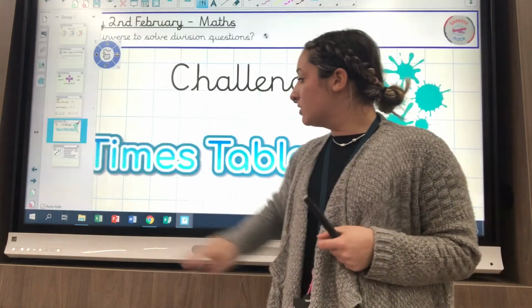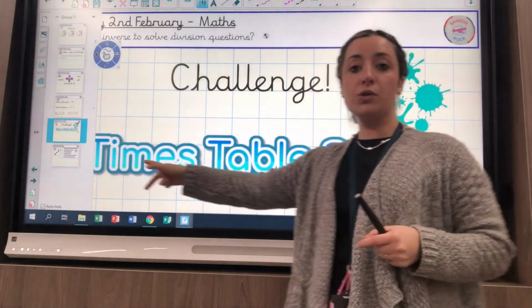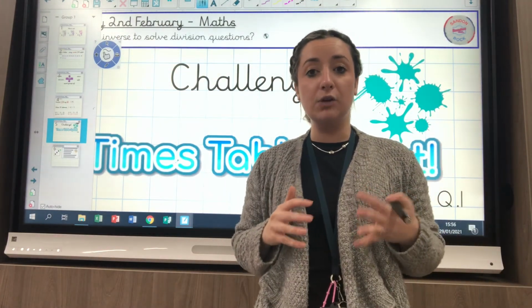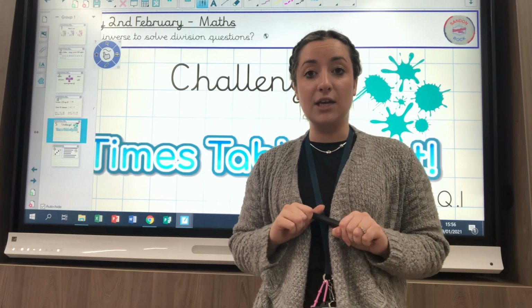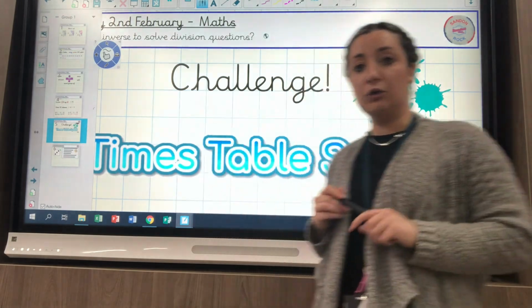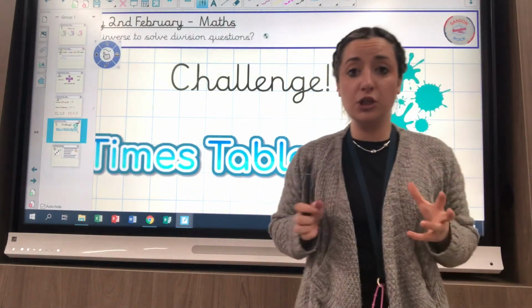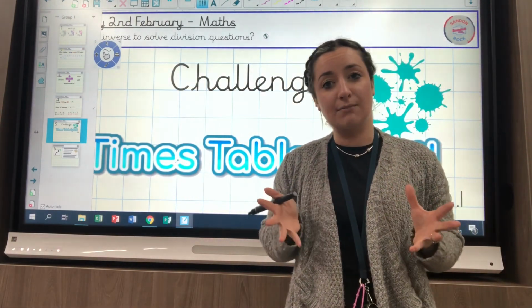Okay, so I have got a challenge for you: you could also do some times table splat as well. When you're finished, you can be using the interactive multiplication grid to splat down your numbers. So you can see my splats over here, and it might be that you want to challenge yourself with unfamiliar times tables.